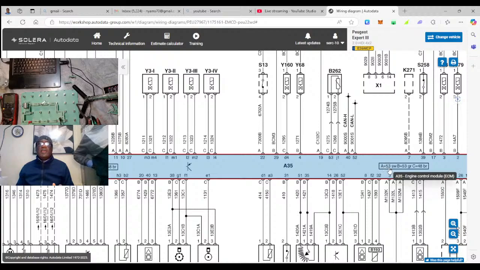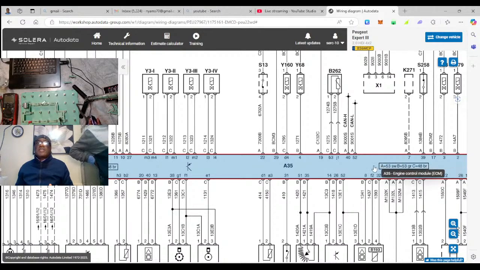There's A, which has got 53 pins, and that is black. Then you have got B, which has got 53 pins, which is gray, and then you have got C, which has got 48, and it is brown.